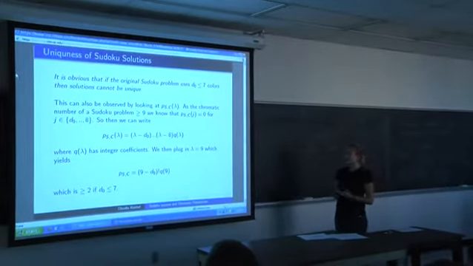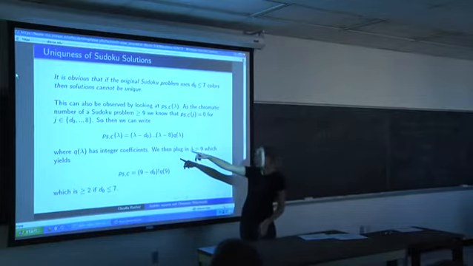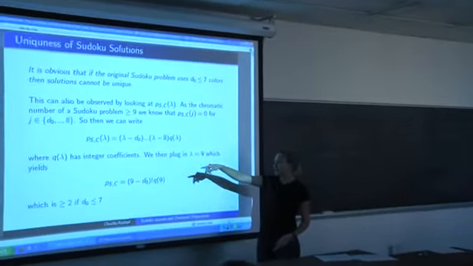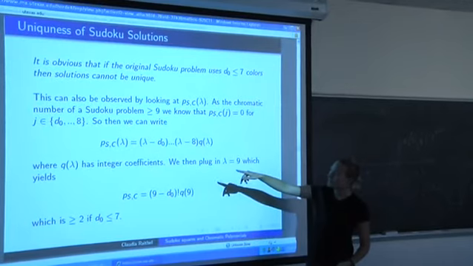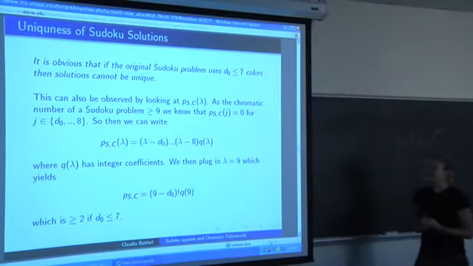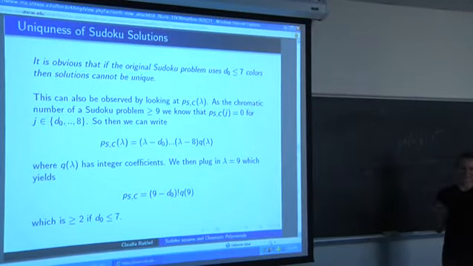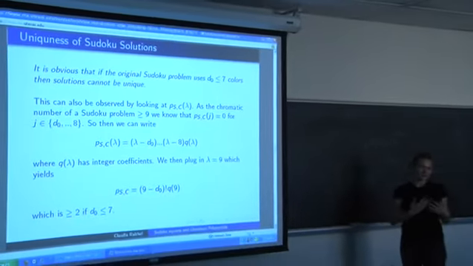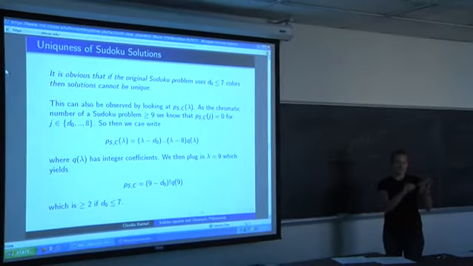And so the way that we can see it from this polynomial that we've derived is that we know the number of ways to complete a coloring, so I forgot to say, the chromatic number of a Sudoku graph is at least 9, right? You can't color a Sudoku graph with less than 9 colors because every vertex is attached to already 8 guys in its row, and so you need 1 color for each one of those vertices. So you need at least 9 colors.